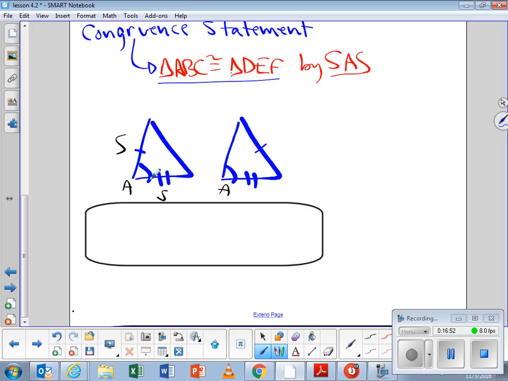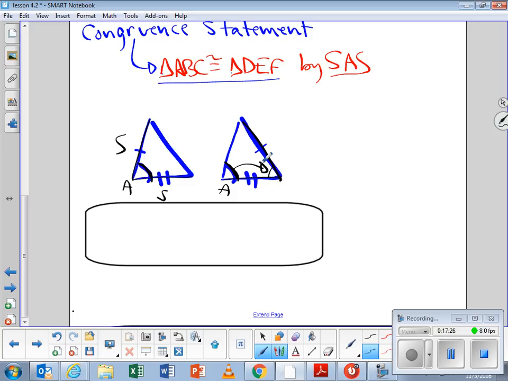It's sandwiched, pinched between, let me change colors here, this side and this side. It's sandwiched between them. When I go over here, I have congruent sides, don't I? And I have congruent angles. And so it'd be real easy to say, hey, this is side angle side. But it's not. And it's not because this angle is not sandwiched between my two sides. It would have to be there for this to be side angle side.